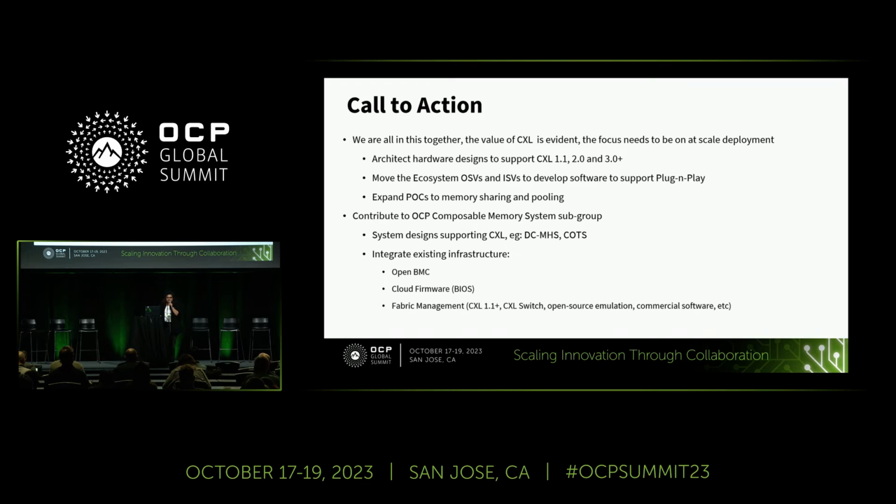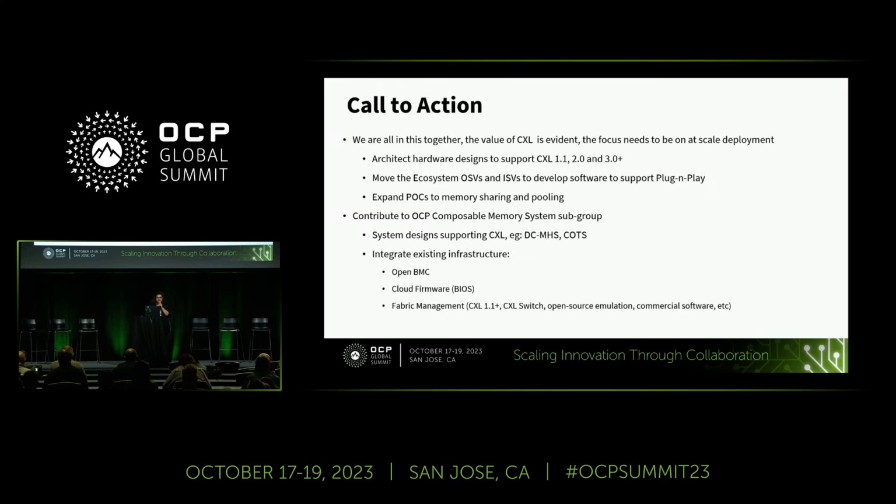We want to move the ecosystem. The ecosystem readiness is one thing that we really need to push for right now, where all of the required CXL drivers are incorporated into our OS hooks and such, so that the solutions are plug and play.